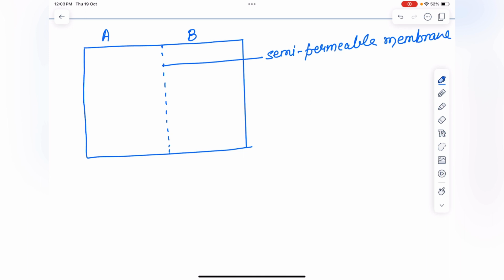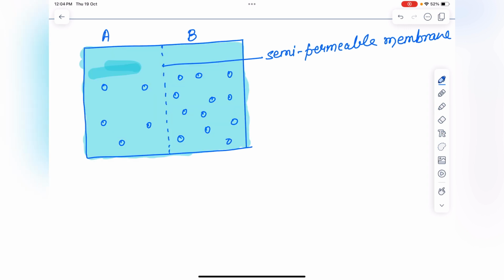If in A the solute is less than B, the two chambers, this is A and this is B, containing solutions and separated by a semi-permeable membrane. The question is, the solution of which chamber has lower water potential? Which chamber will have lower water potential?